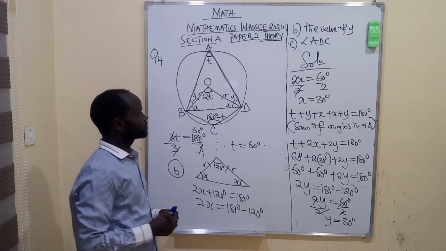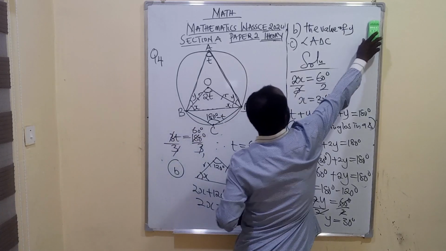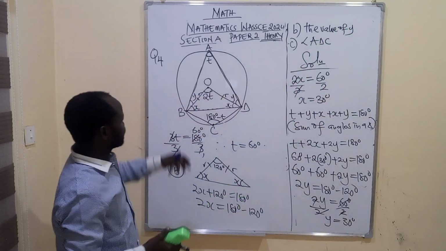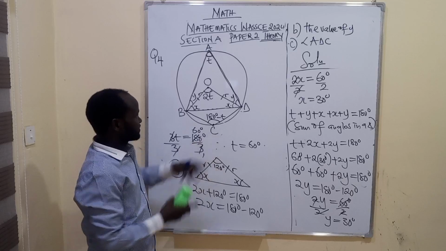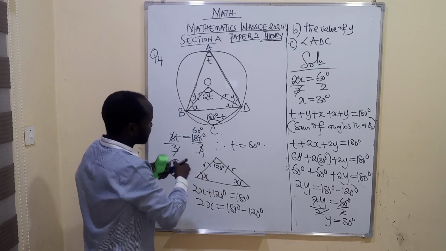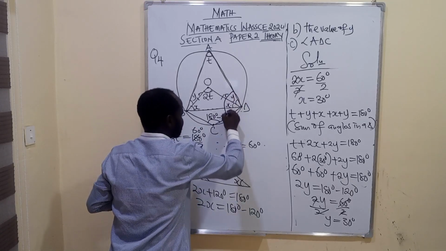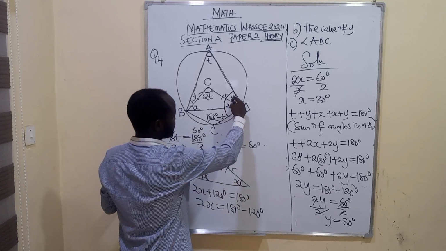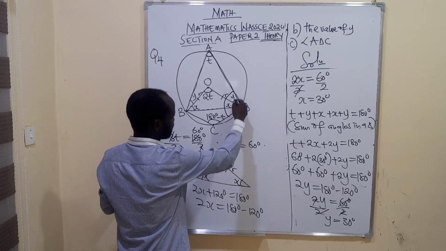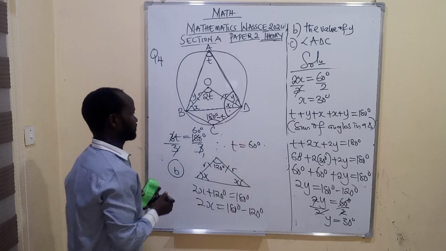This is b. So the last thing to do is to find angle ADC. Let's go back to the drawing. ADC. It means the entire angle here. And we know that if here is x, and here is y, we can easily find this angle here.